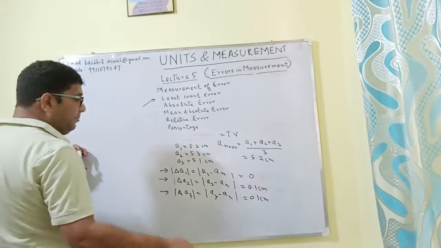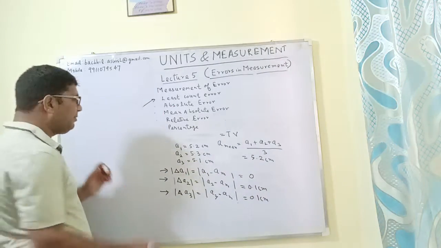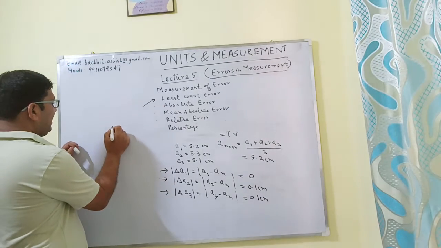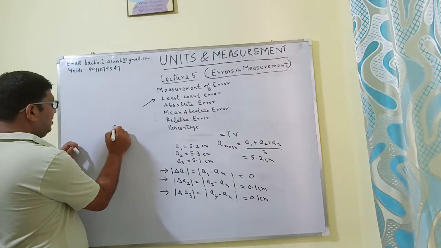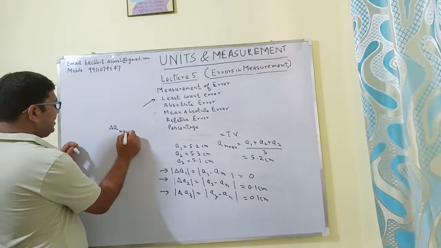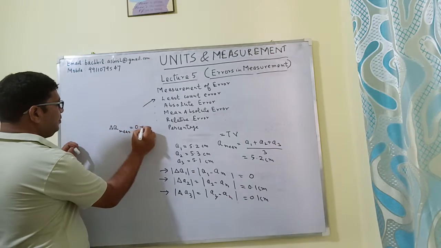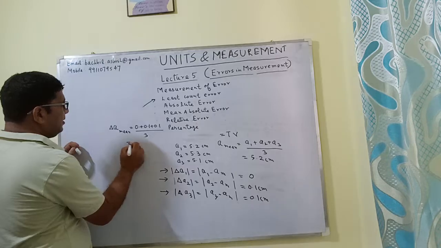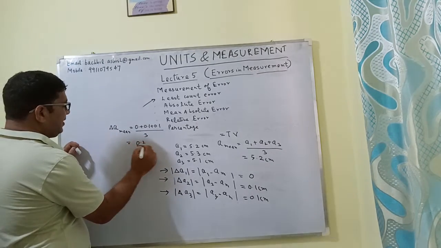Okay. So what will be the mean absolute error? Mean absolute error, delta A mean, will be equal to 0 plus 0.1 plus 0.1 divided by 3. So this is equal to 0.2 divided by 3.